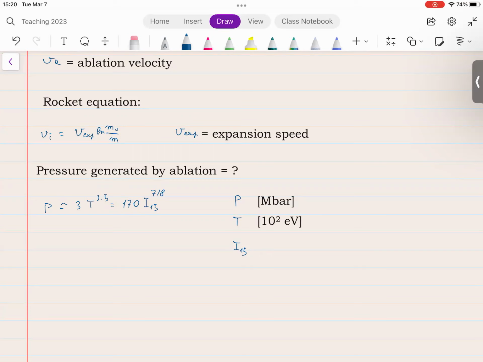And in this expression it is going to be in terms of units, so make this work, 10 to the 15, and that's going to be watts over square centimeters. That's a pretty high intensity, in case you wonder.